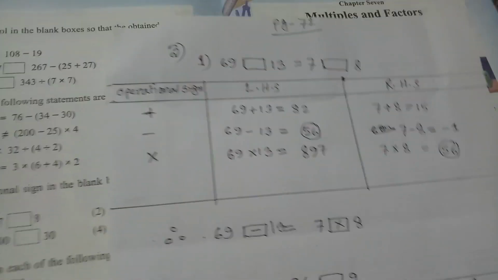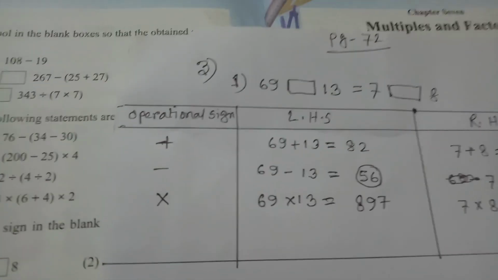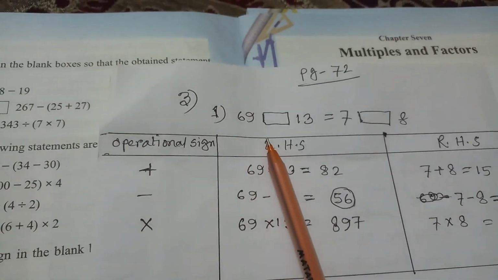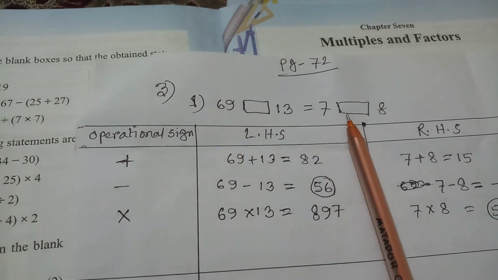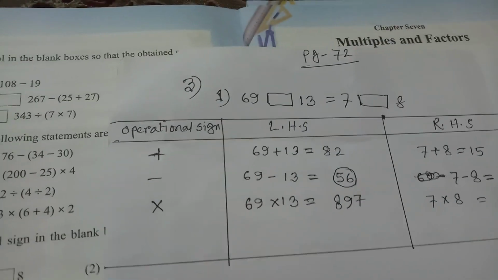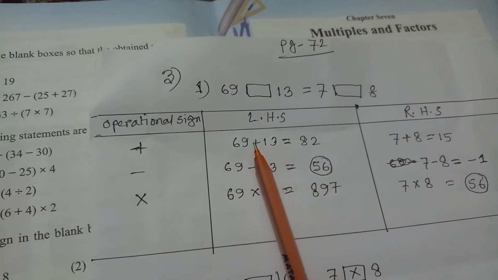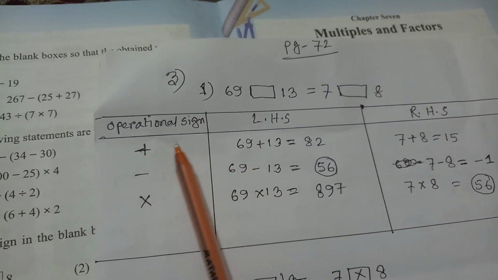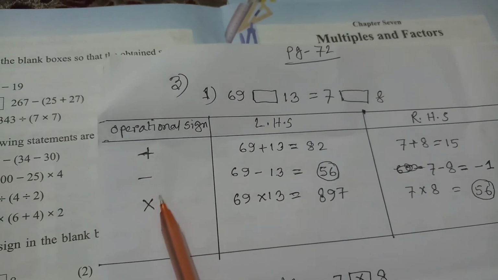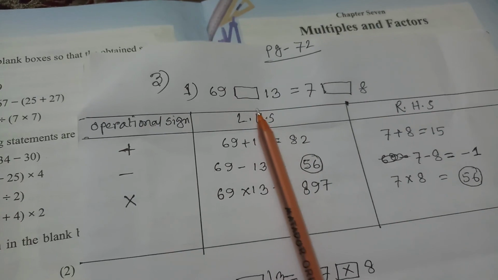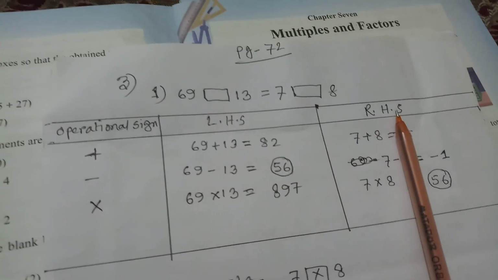Number one: 69 box 13 equal to 7 box 8. We verify the operational signs plus, minus, multiplication and division for the left hand side and right hand side.